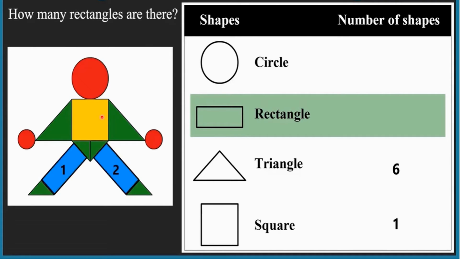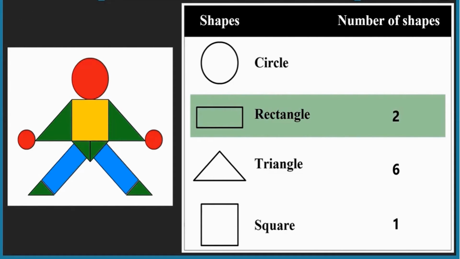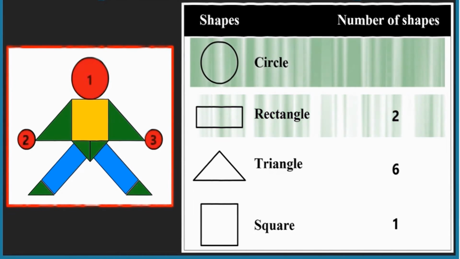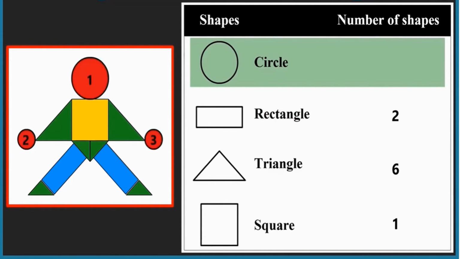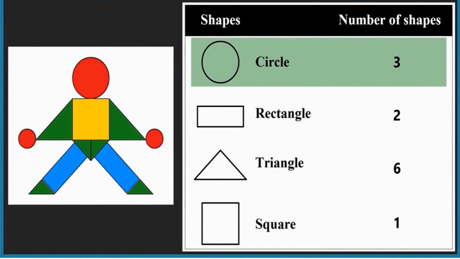Rectangles are 1, 2. There are 2 rectangles. Look, there are 1, 2, 3. There are 3 circles.